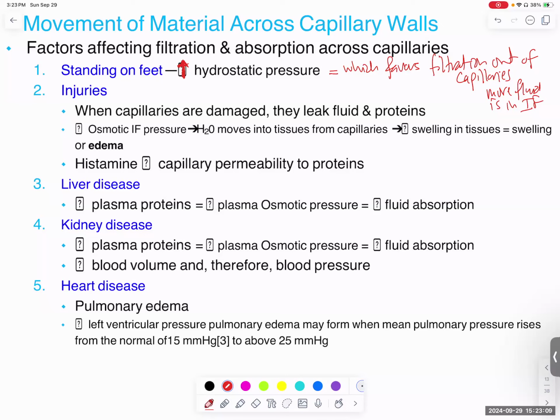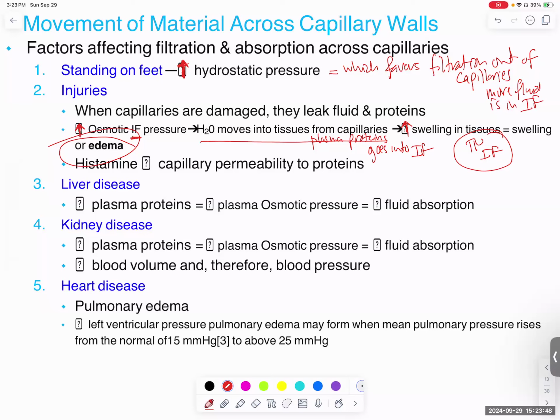Injuries: anything that increases the osmotic pressure in the interstitial fluid, meaning water moves into the tissues, because you broke a capillary wall, plasma proteins go into interstitial fluid. It's going to increase the osmotic pressure of the interstitial fluid from 0 to something. And so that's going to cause fluid to stay in that area because it's disrupting this osmotic pressure.